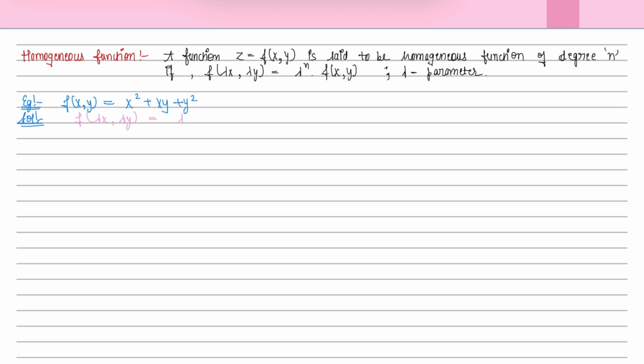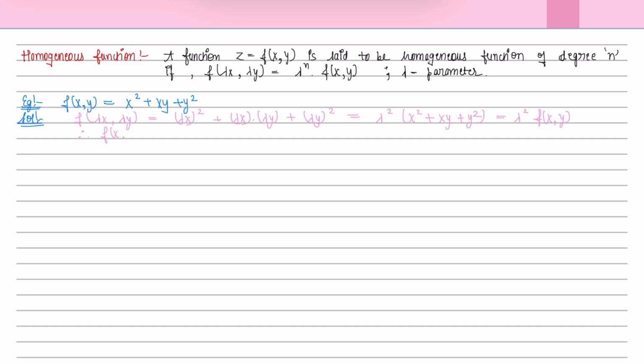This will become (lambda x) whole square plus lambda x into lambda y plus (lambda y) whole square. After simplifying, we can take lambda square common from x square plus xy plus y square, and we can notice that this bracketed term is nothing but f of x comma y again.